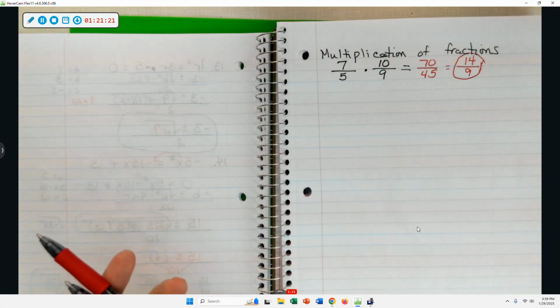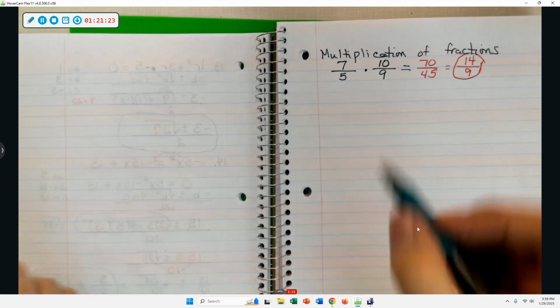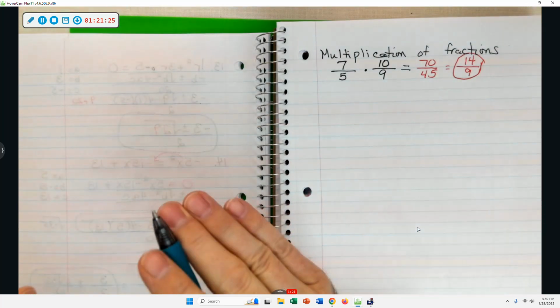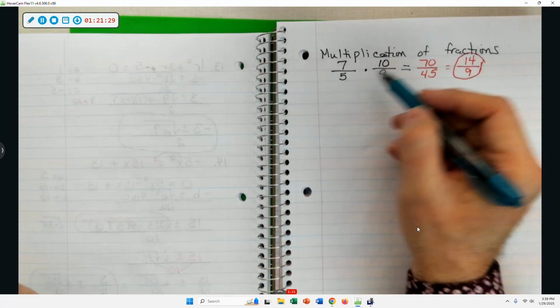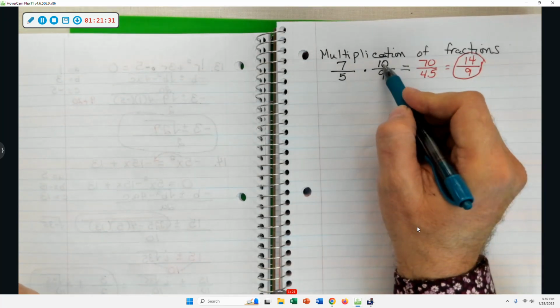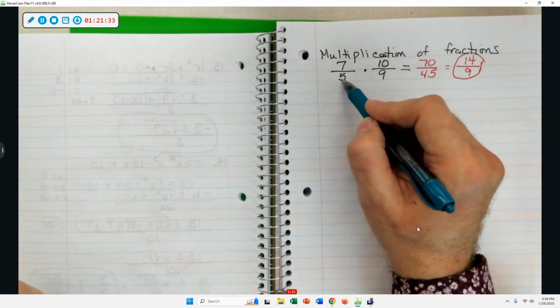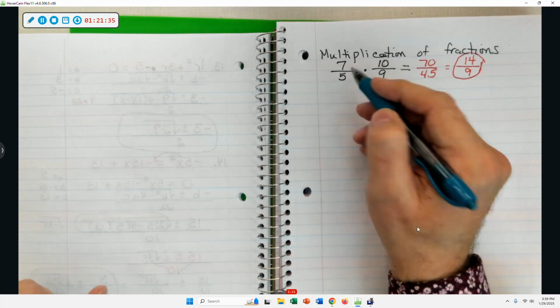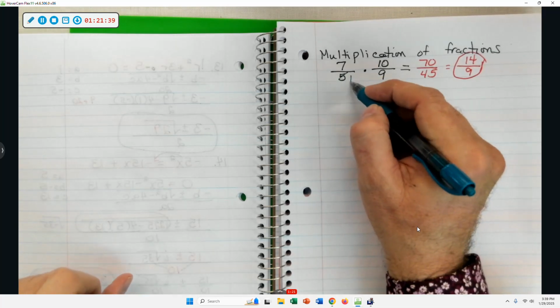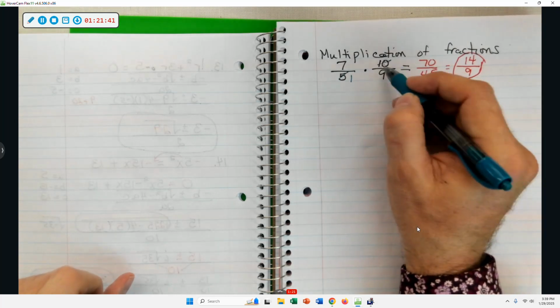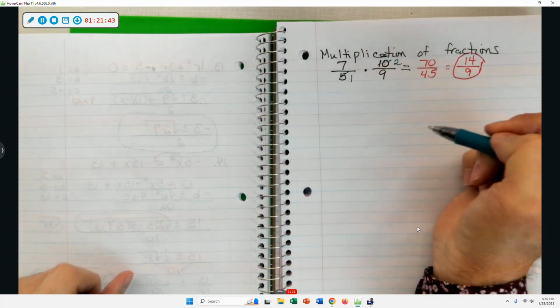But you might recall, and you can do this only with multiplication of fractions, cross-canceling, like looking at the 5 and the 10, both of those are divisible by 5. So if we divided out a 5, 5 divided by 5 is a 1, 10 divided by 5 is 2.